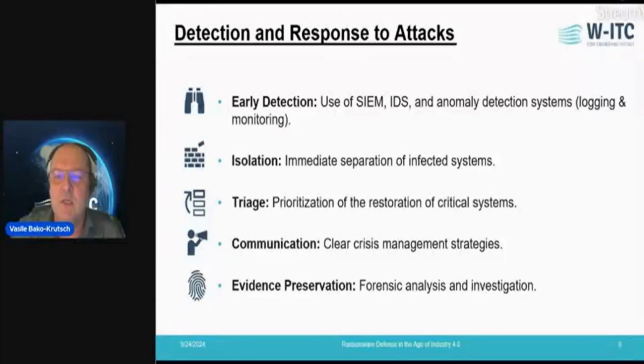A second measure, after a ransomware attack was detected, is rapid isolation and containment. Once an attack is detected, the affected system must be immediately isolated to prevent a further spread of the ransomware. This can be done either by disconnecting the network connectivity of the system or by shutting down infected systems.